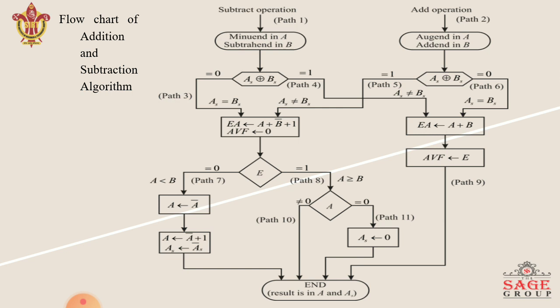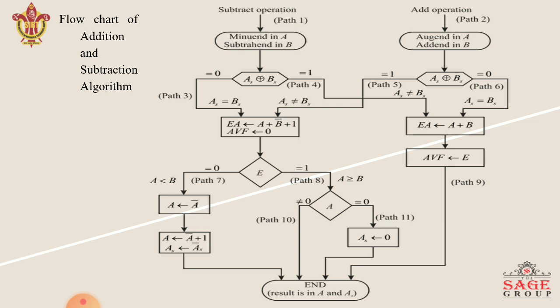These are the conditions. If we get 1, it means AS is not equal to BS, and if we get 0, it means AS is equal to BS.